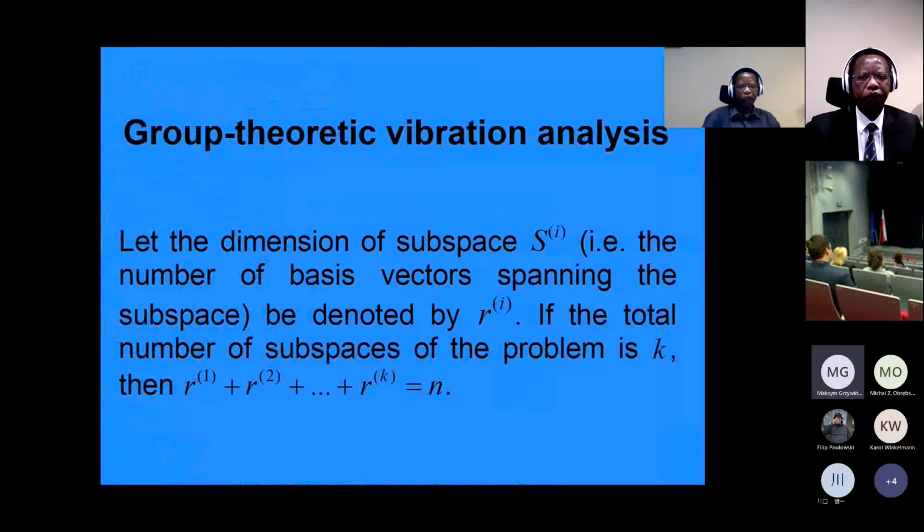Let the dimension of subspace Si, i.e. the number of basis vectors spanning the subspace, be denoted by Ri. If the total number of subspaces of the problem is K, then R1 + R2 + ... + Rk = n.